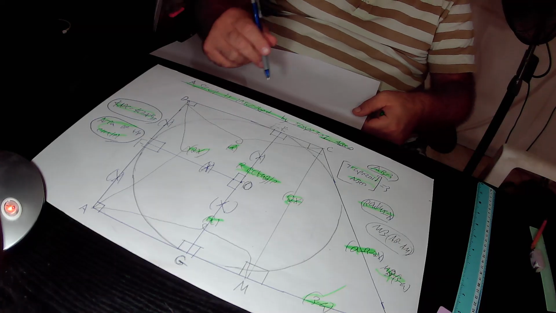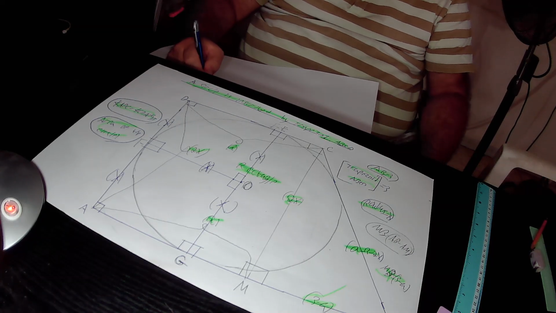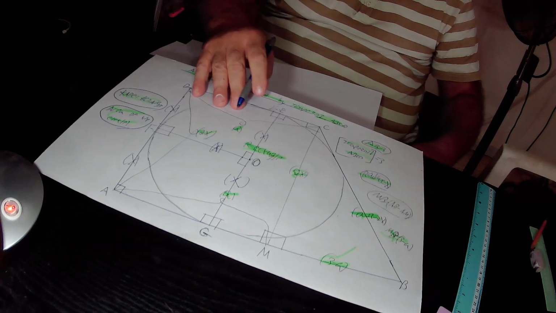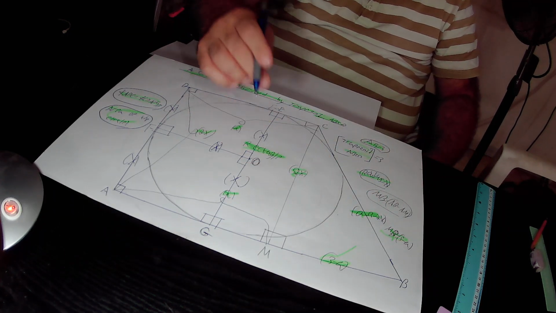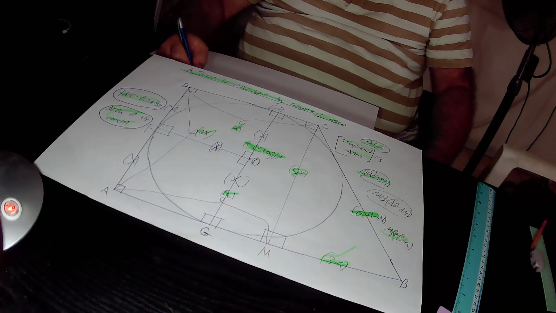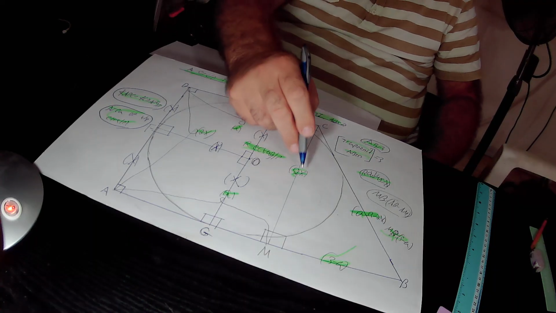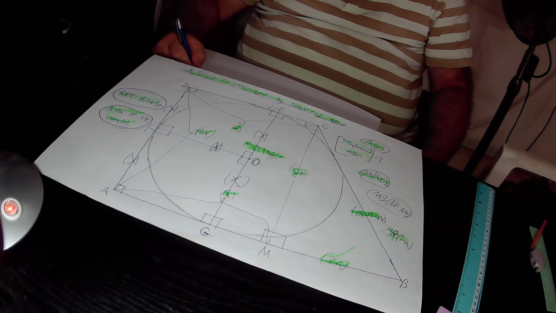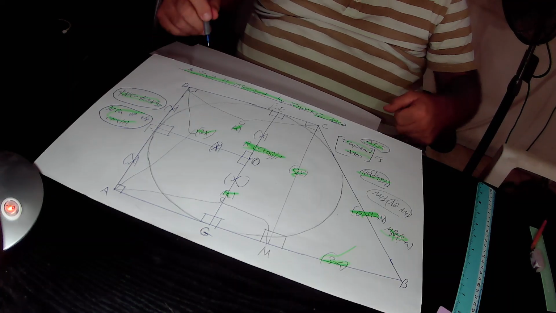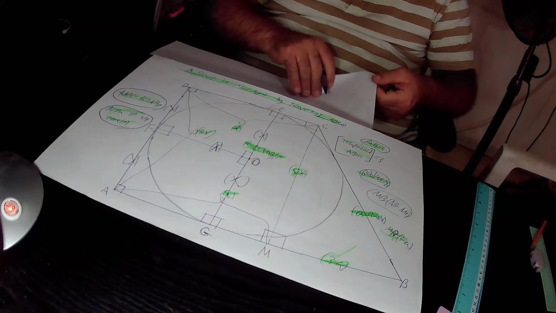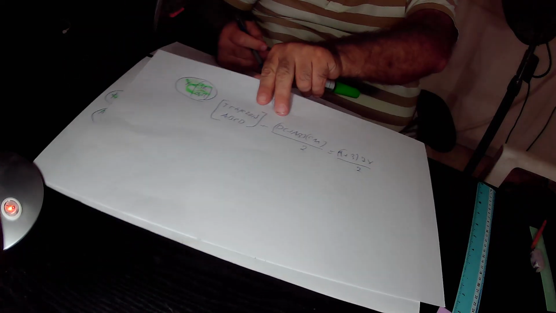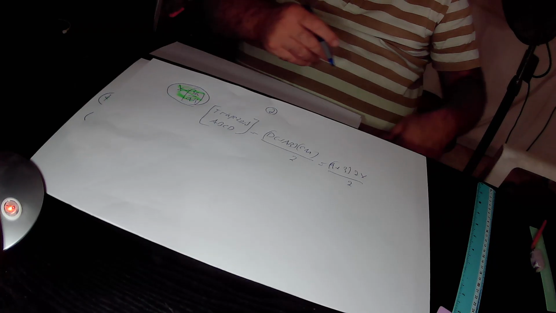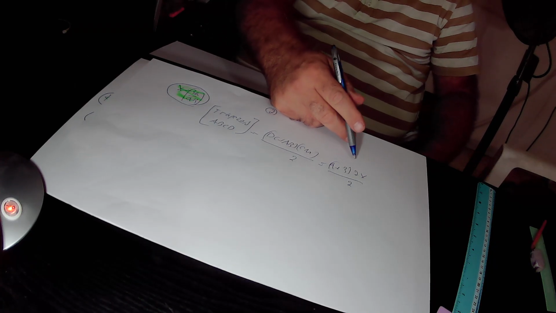DC is A, plus AB. AB equals 3 units in length, according to what is given in the question, times the height CM. CM is 2x, divided by 2. So in total, the area of this trapezoid ABCD equals (A plus 3) times 2x over 2. We have 2 in the numerator and 2 in the denominator, so the 2 gets cancelled.